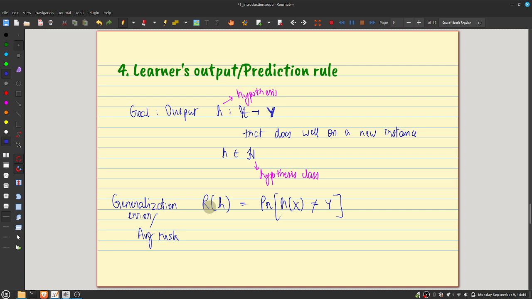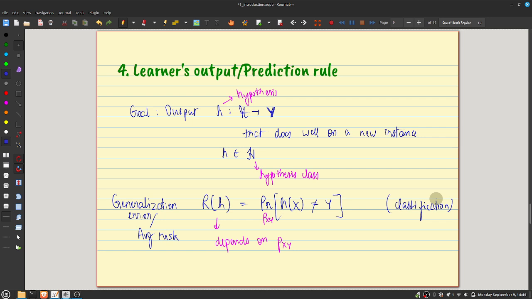That's something that you should always have at the back of your mind. So basically, this probability is with respect to P_XY.